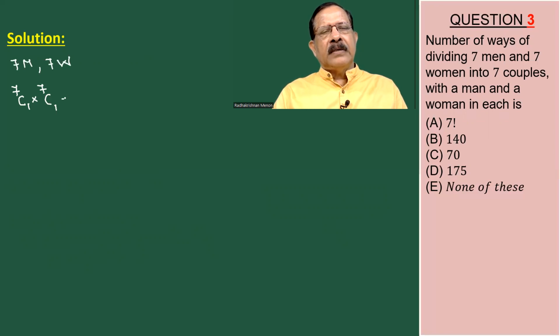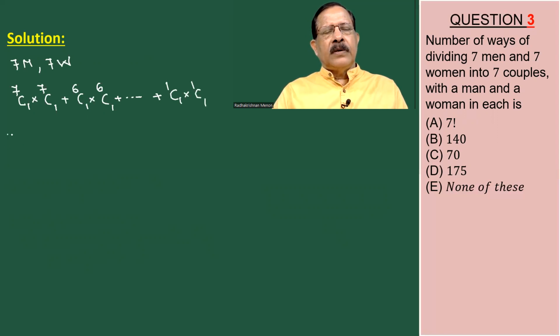Now how many are remaining? 6 men and 6 women. Similarly, one man from 6 in 6C1 ways and one woman in 6C1 ways, etc., and the last 1C1 into 1C1.